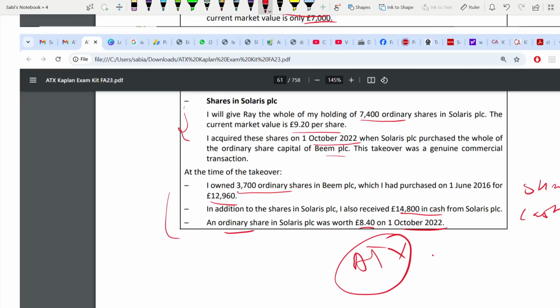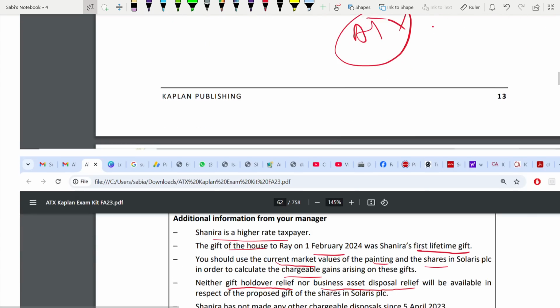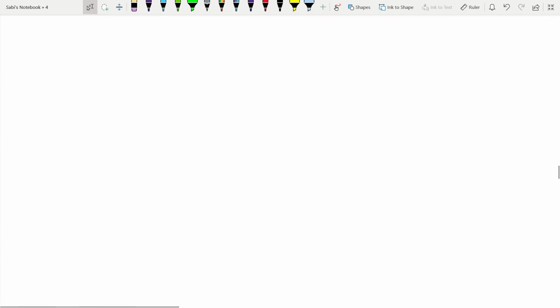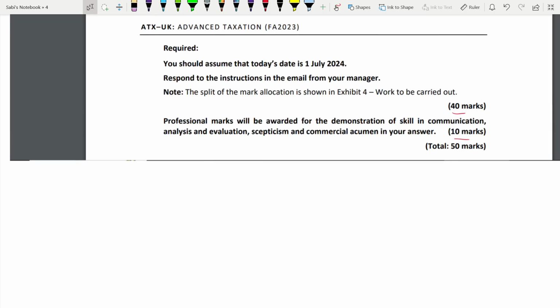So now we'll go to the marking scheme. If you see the marking scheme, okay, I'm not going to give you the marks, but I'm going to give you the marks for the first part of A: class 4 NIC, calculating class 2 NIC.